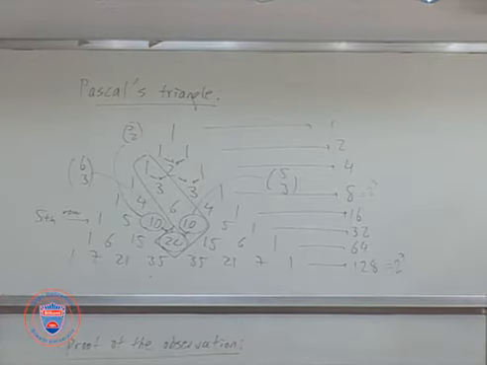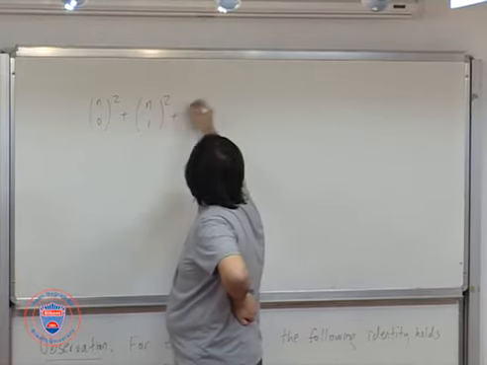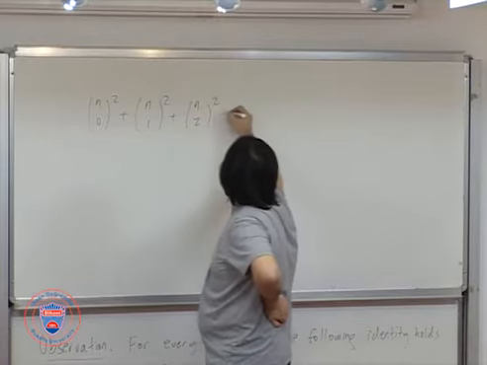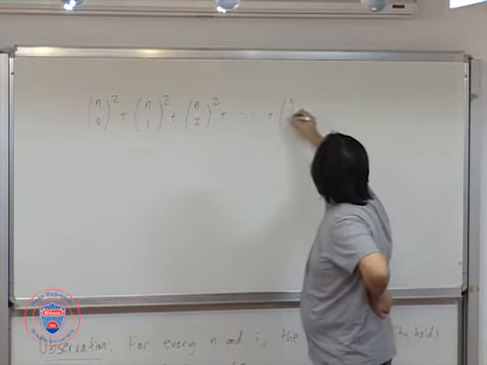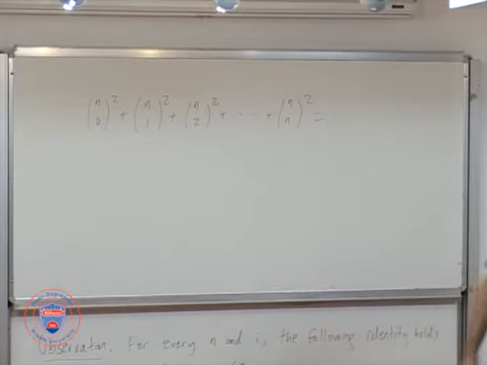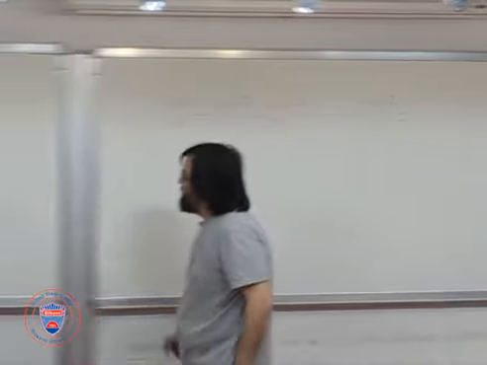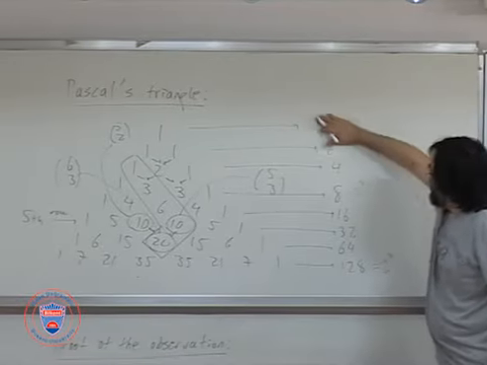Another strange thing is that if you sum the squares of the row, let's try what you get. So instead of the normal sum, the sum of the squares.